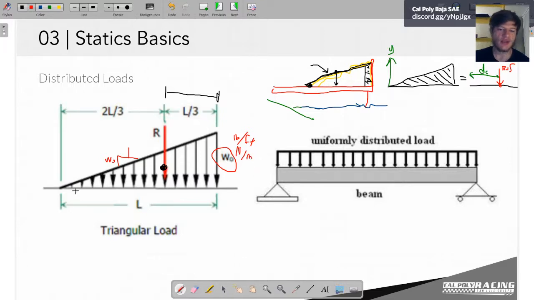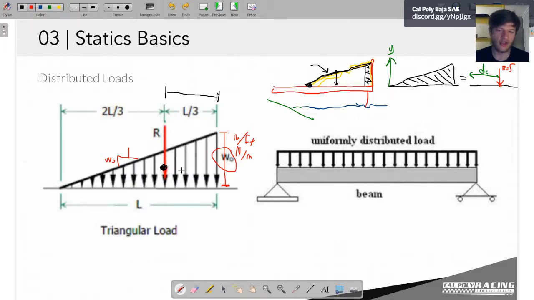Which makes sense, right? If I find the area of this, I'm going to multiply something in newtons per meter, which is my height, times meters. So the whole area is newtons per meter times meters.